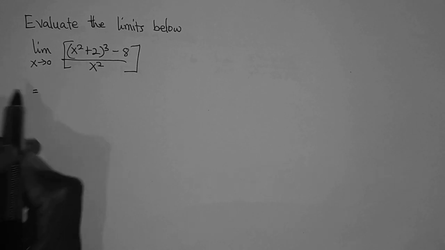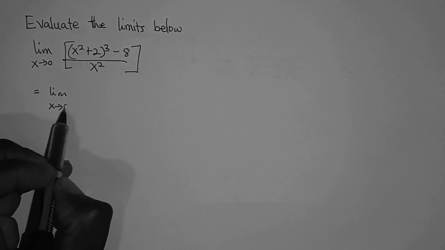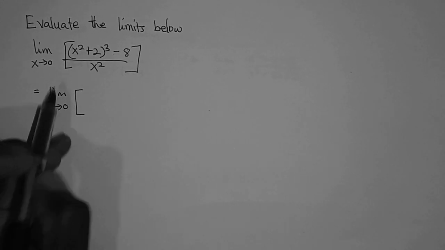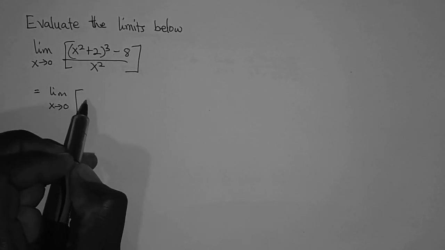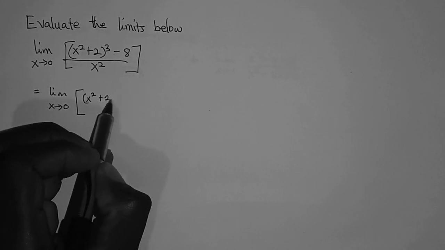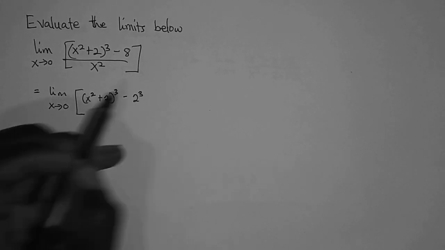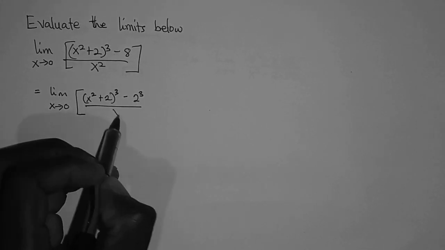So this is equal to limit as x approaches 0. Now, we want to write this 8 as 2 cubed, so it becomes (x squared plus 2) all cubed minus 2 cubed, divided by x squared.